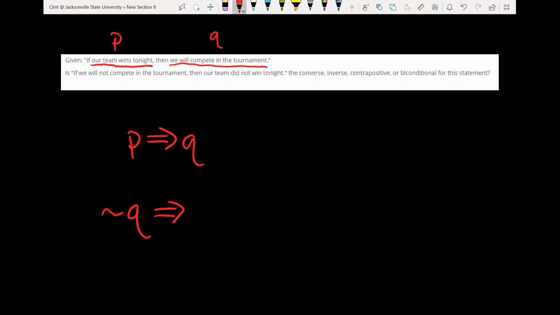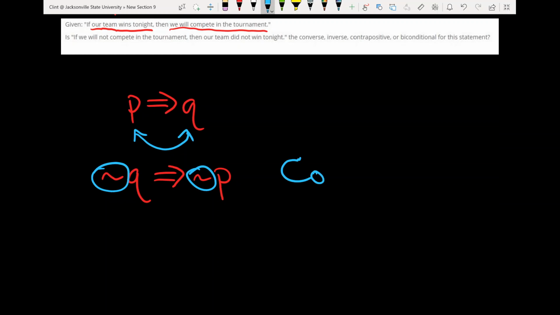Then our team did not win tonight is the negation of P. We started with our team wins tonight and changed it to our team did not win tonight, so we've got that little squiggle on that one too. So we switched the P and the Q, and we've negated the P and the Q. If you switch the two statements and you negate them, then this is the contrapositive.